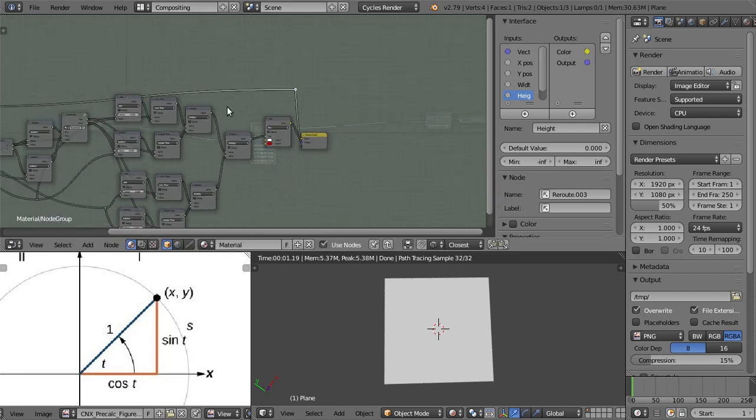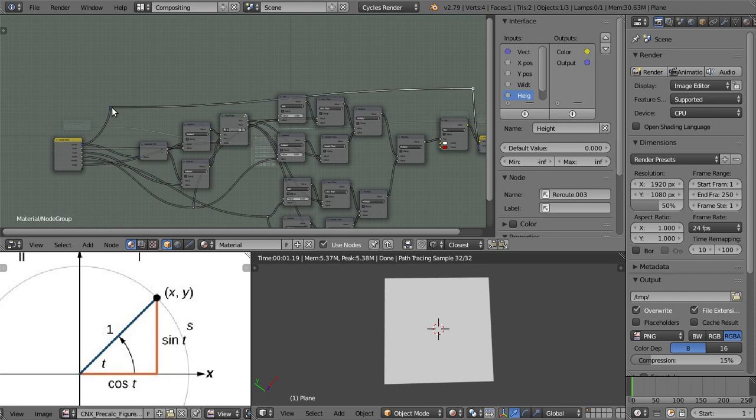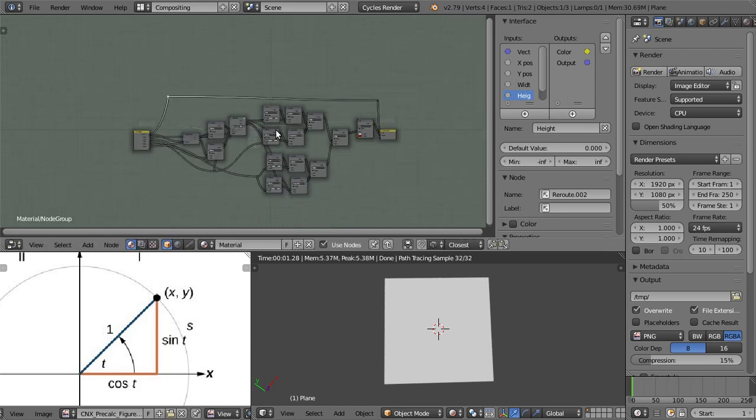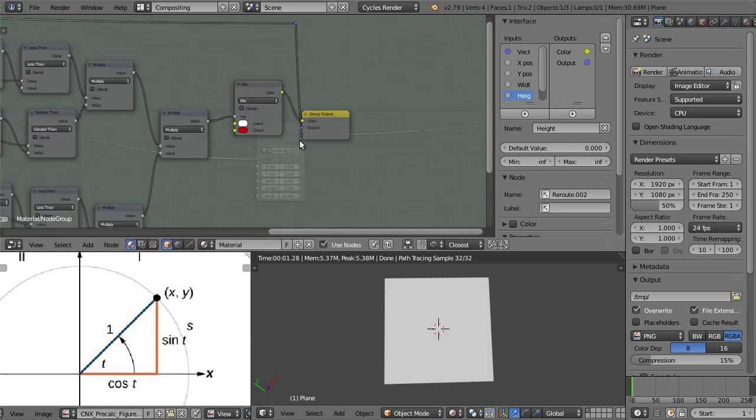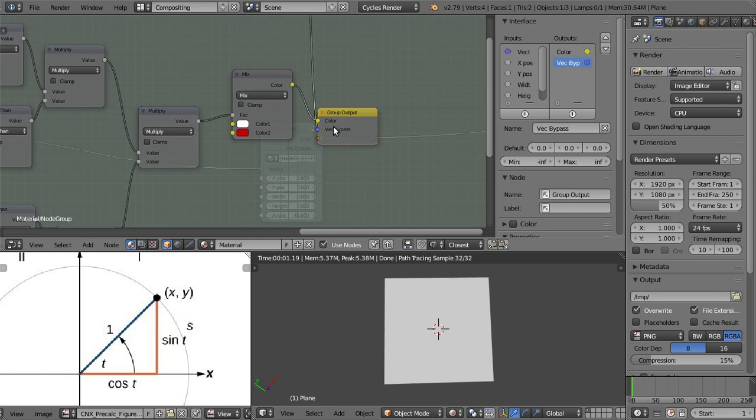Just organizing it now. This will be our vector bypass like we did before.